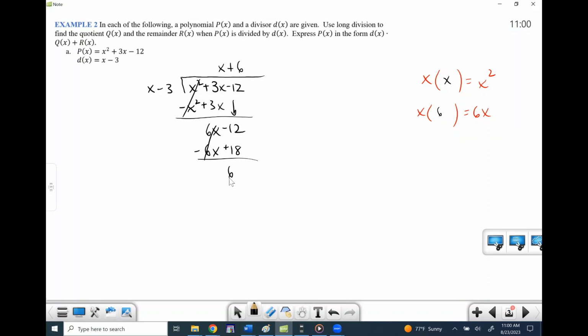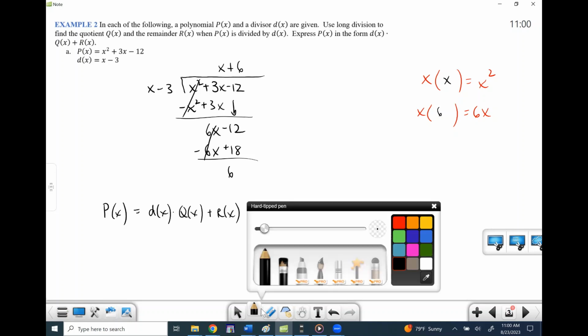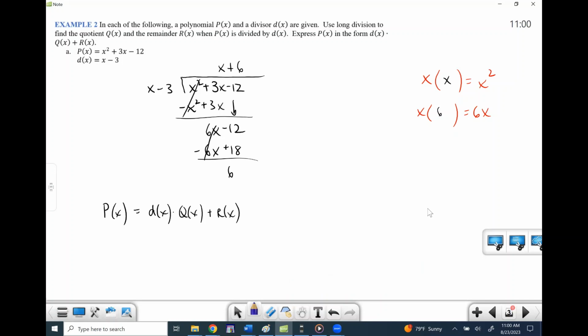They say to write p of x as d of x times q of x plus r of x, right? So let's do that. All right, so x squared plus 3x minus 12.